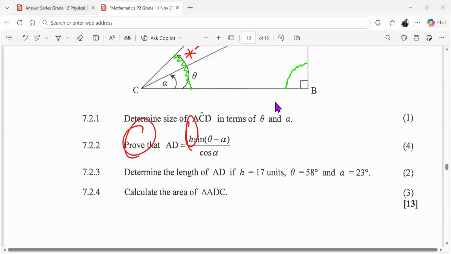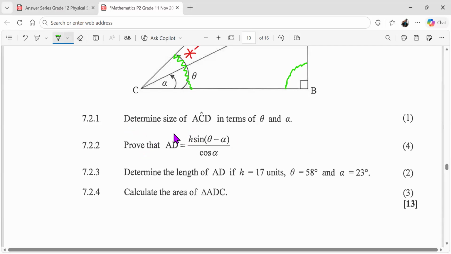Okay, now then we go to the next question, and this is what it says. They say to us here, please determine the length of AD if it is given to us that h is 17 units, theta is 58 degrees, and alpha is 23 degrees. Okay, let's do that.